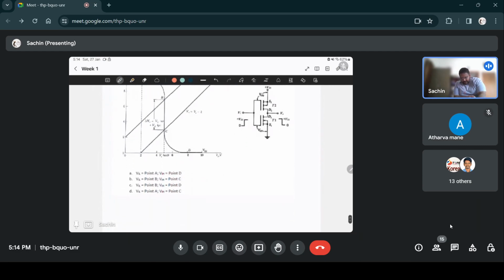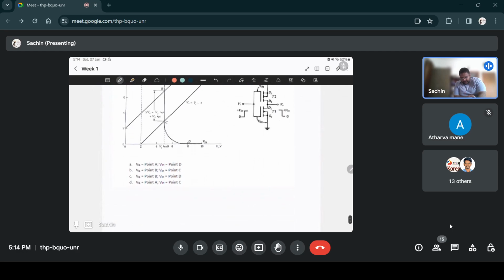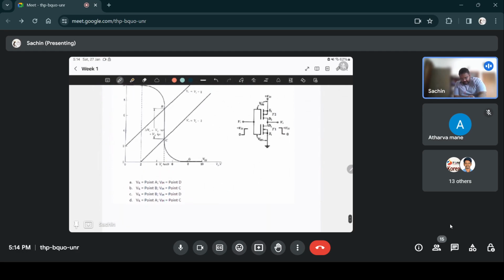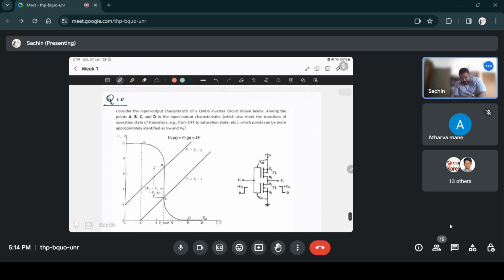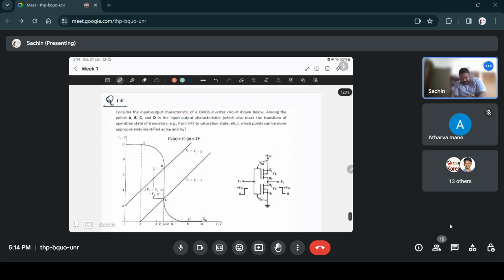So you can see the options. VIL, is it point A or point B? And VIH, is it point C or point D? That's what you need to figure out. So think about this. I'll give you 2 minutes for this question also.